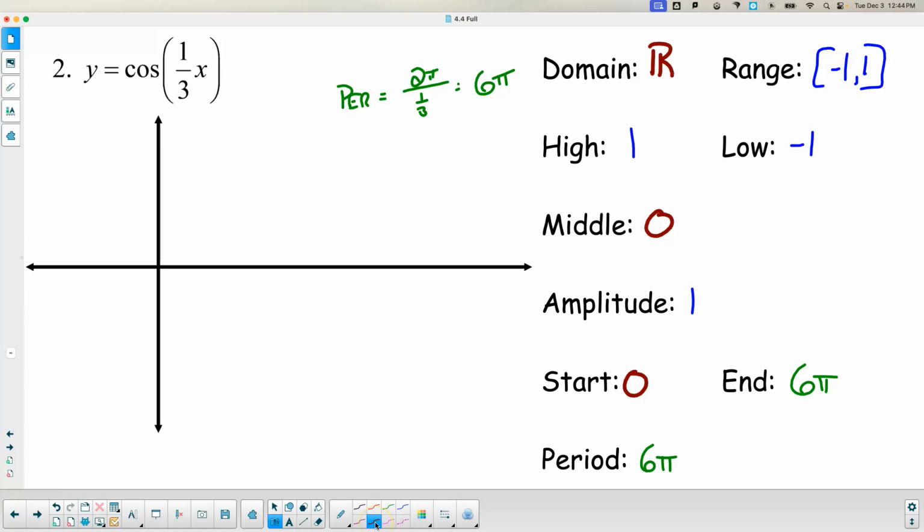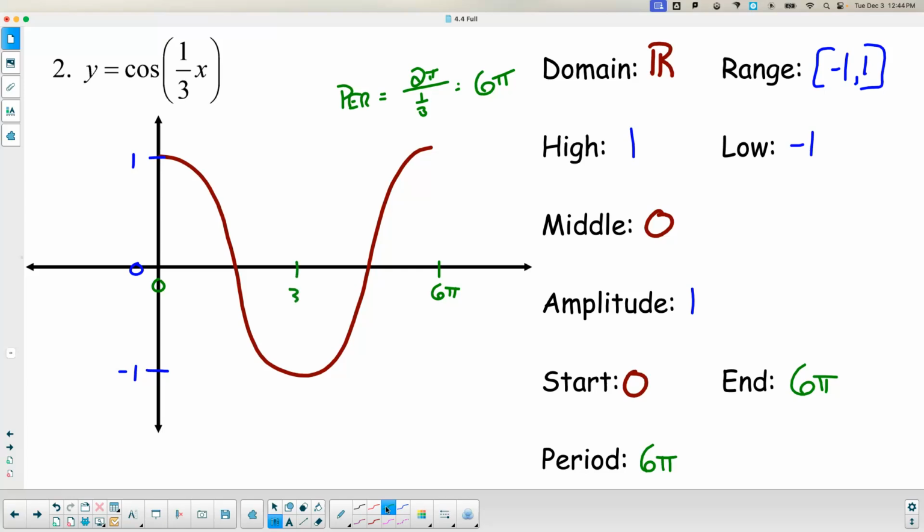Cosine, cosine. Starts up. Ends up. Half of 6 pi is 3 pi. Half of 3 pi is 3 pi over 2.